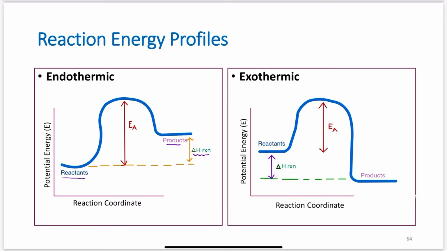This is your change in energy, and its delta H reaction is positive because it's an endothermic process. Your activation energy goes from the reactants to the top of your transition state. How much energy did it take to reach there? Again, the reaction coordinate can also be called your progress of the reaction.